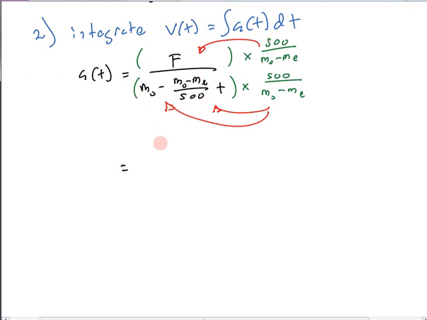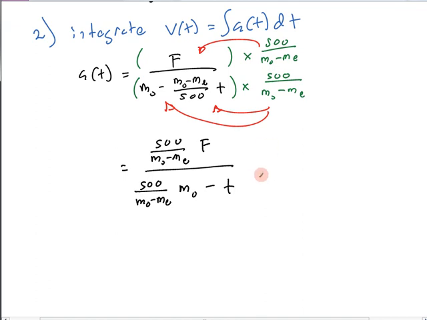And what I'm going to get is 500 over m naught take me F over 500 over m naught take me m naught, but just take t, because these two terms are going to cancel. It's going to show up everywhere else, though, and that's going to become really ugly.